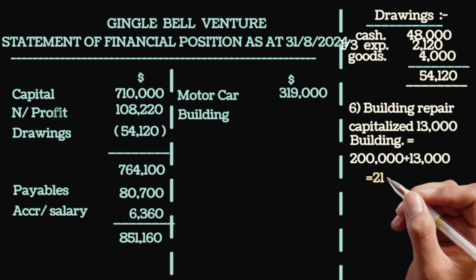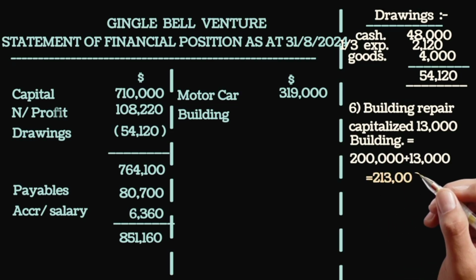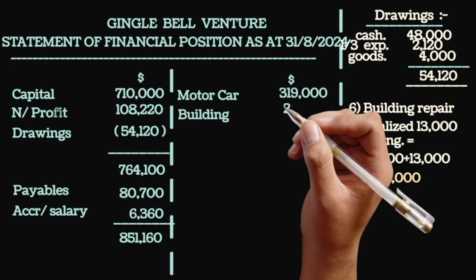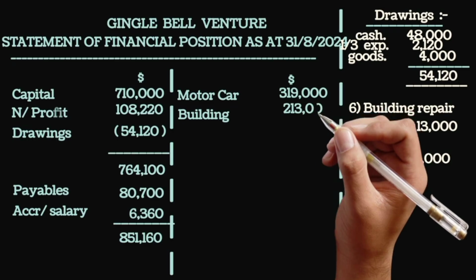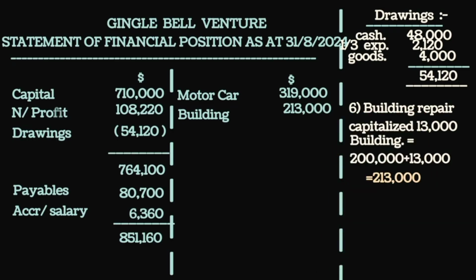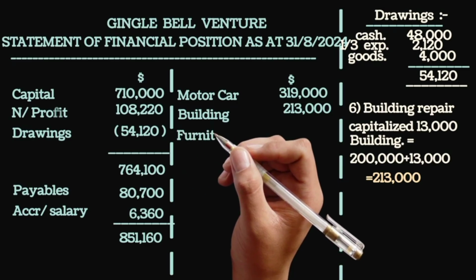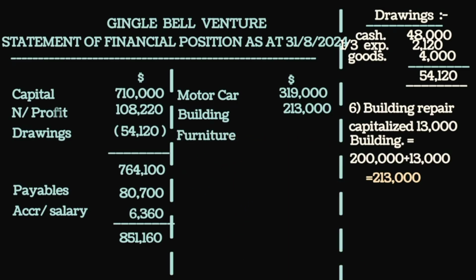It is the revenue expenditure that will move to the profit and loss account, but the capital expenditure will be added to the value of the building. So the value of the building now becomes $213.